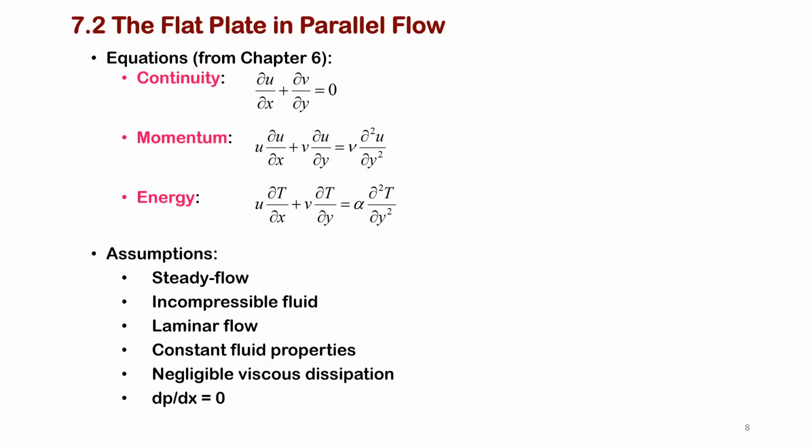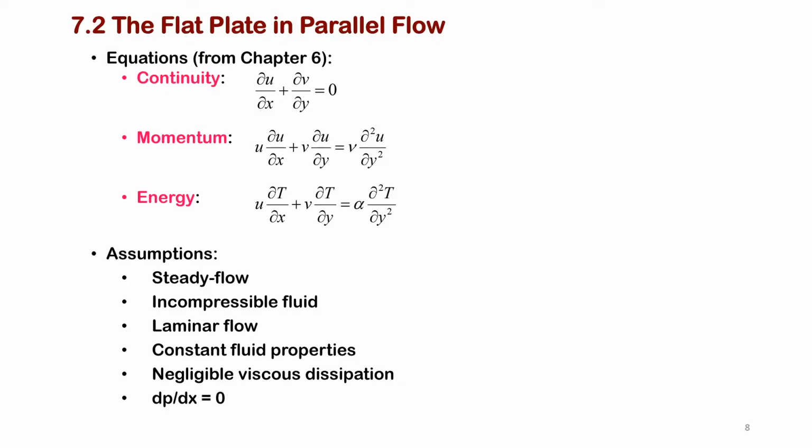The flat plate, in terms of equations, is the simplest one to analyze, but it's fairly complicated. As we mentioned in chapter 6, you need to write down coupled partial differential equations. Mass, momentum, and energy balance have to be coupled, and these are partial differential equations.